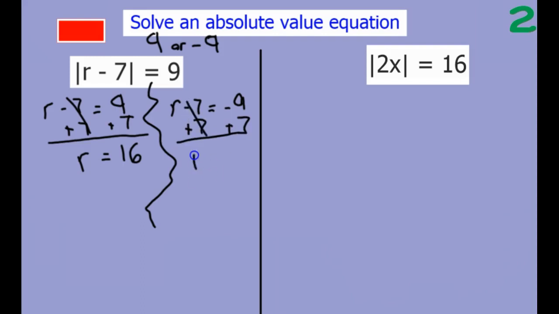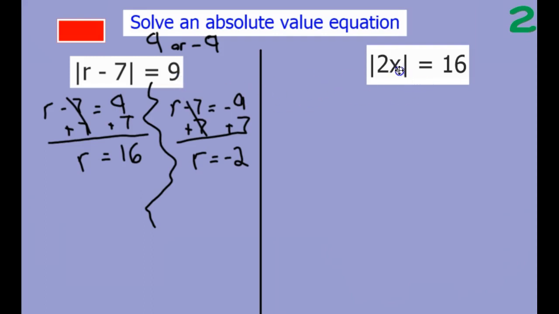So we would have r equals negative 9 plus 7 is negative 2. So our two solutions would be r equals 16 or r equals negative 2. You could put either 16 or negative 2 in for r, and this would solve our equation. You can check that by putting this 16 in for r or negative 2 in for r, and you should come out to 9.